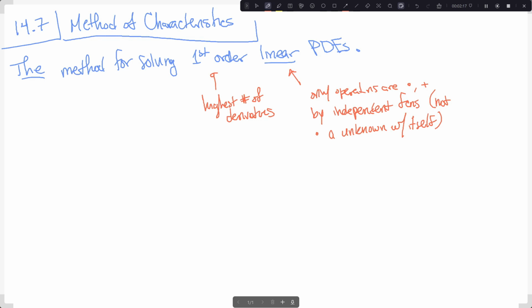So we're not allowed to take u squared. If we're solving for the function u, we're not allowed to consider things like u squared, u cubed, square root of u. We can only ever add u to itself, or multiply by some independent function.